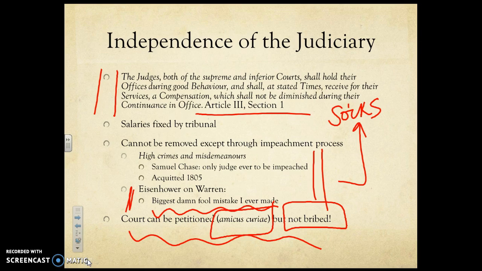You can't bribe them, you can't threaten them, you can't do anything else. And just because the court is subject to amicus briefs doesn't mean that their independence is being assaulted. The court can choose to ignore an amicus brief or read it. It's entirely up to them. And so the independence of the court is maintained. And this is very, very, very important. And this is a 15-mark question that pops up from time to time.